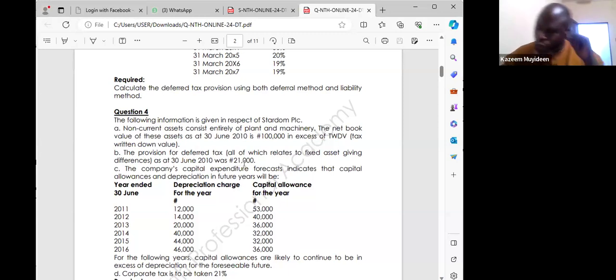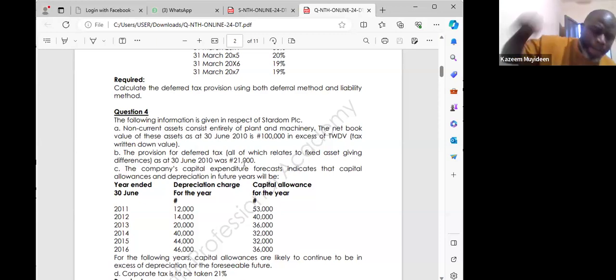The deferred tax. Don't forget, no question will tell you deferred tax asset or deferred tax liability. Why? Because we expect a deferred tax to have a credit balance. That does not mean we cannot have assets. Deferred tax credit will be part of non-current liability.